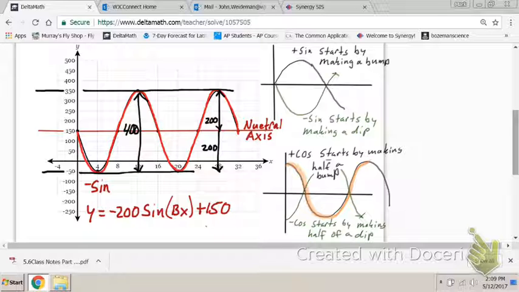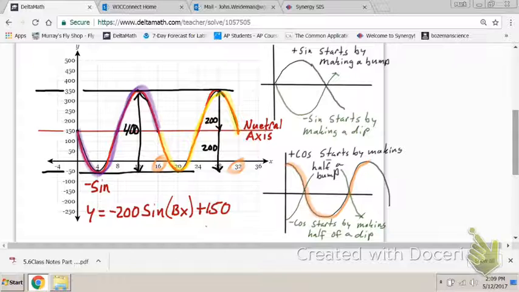Okay, so if I look at my graph, there is 1 cycle, 2 cycles. All right, so what did it do? It made a dip, it made a bump, and then it finished, and then it started all over again. So we can see that happens every 16 units.